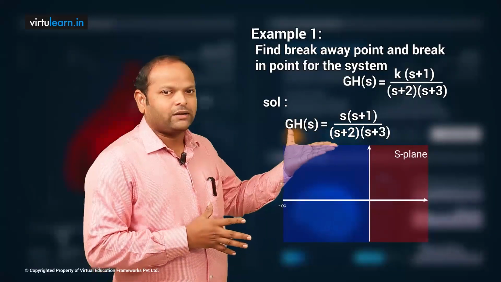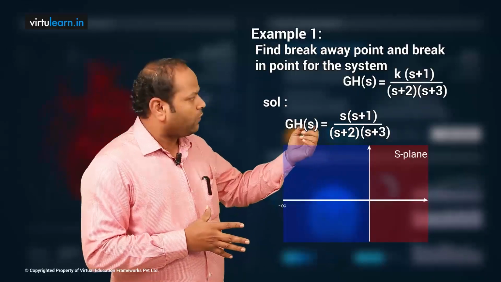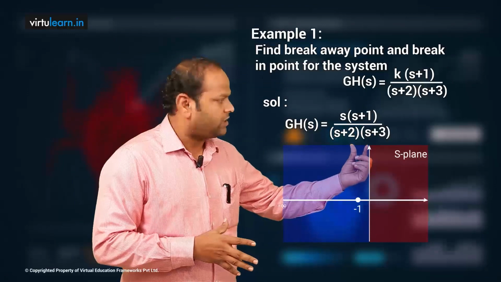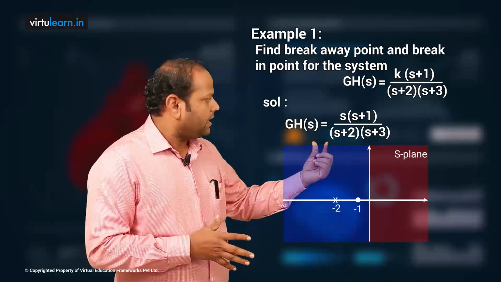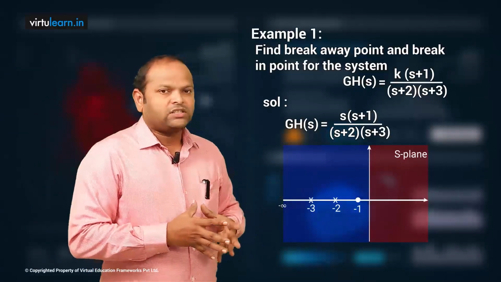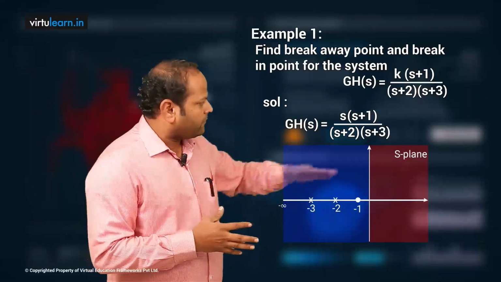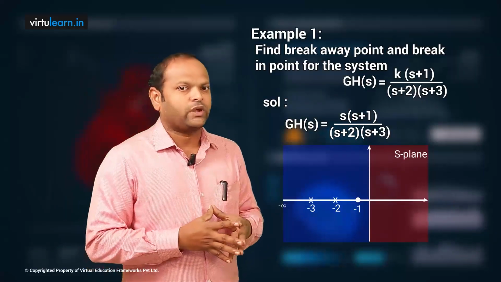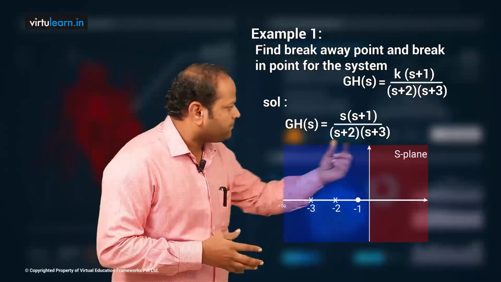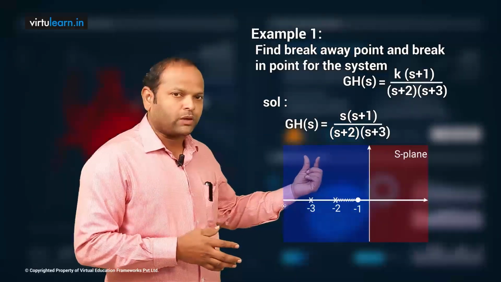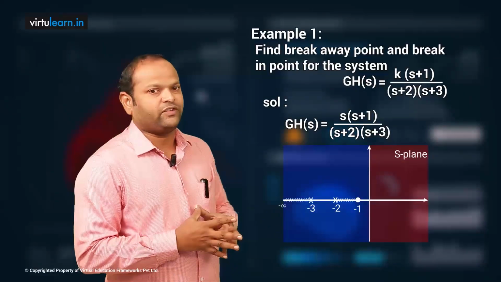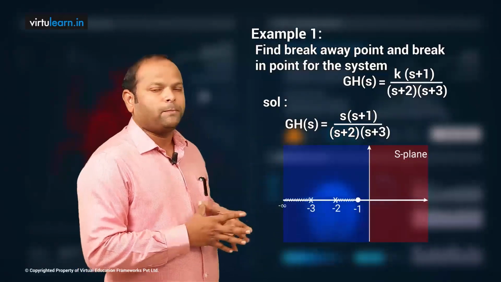Now, for this system, I have the S plane. I am going to locate poles and zeros here. I have one zero at S equal to minus 1, one pole at S equal to minus 2, and another pole at S equal to minus 3. Now we know the root locus area. From these pole-zero locations, I can easily say the root locus exists from minus 1 to minus 2, that means from this zero to this pole, and again from minus 3 to minus infinity, so from the last pole to minus infinity.